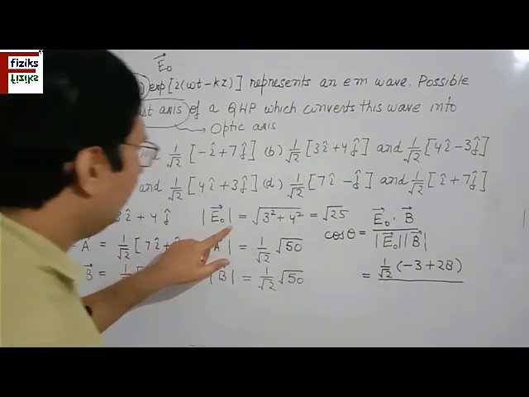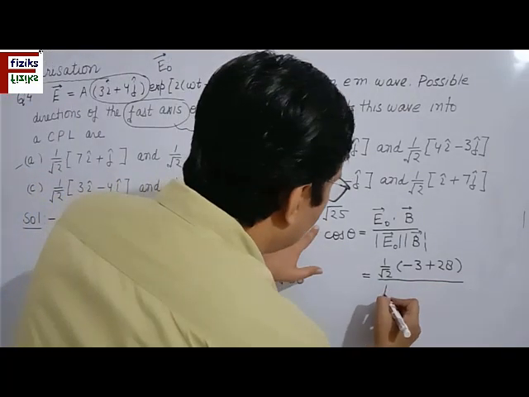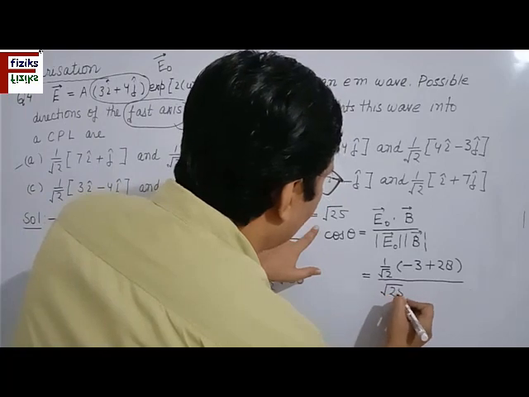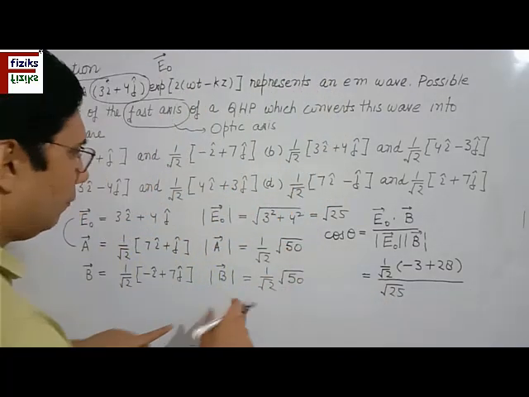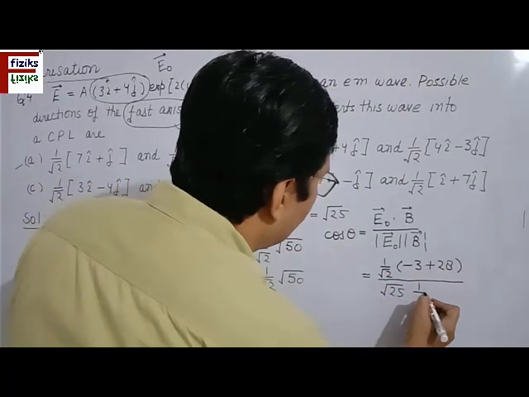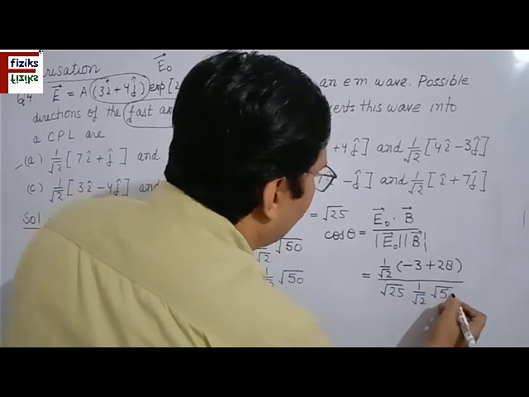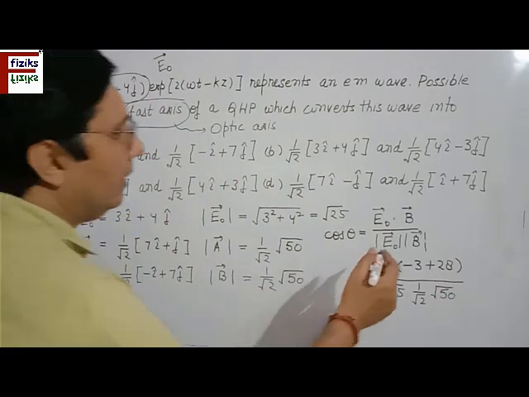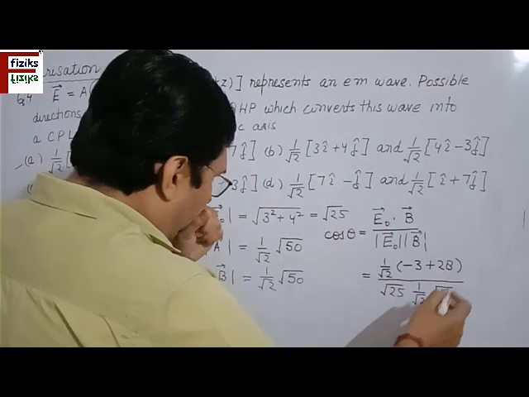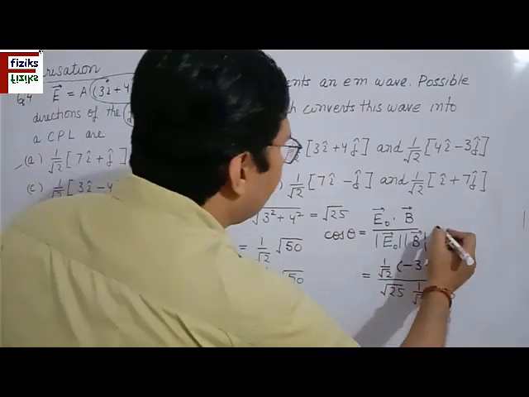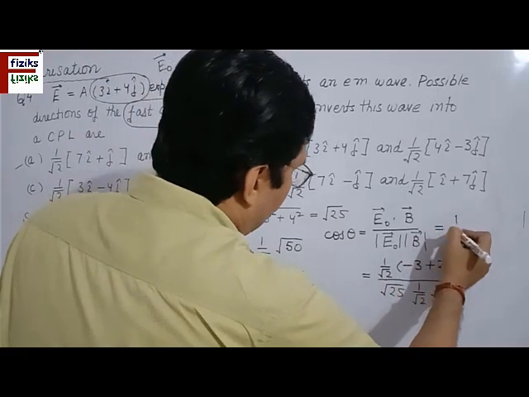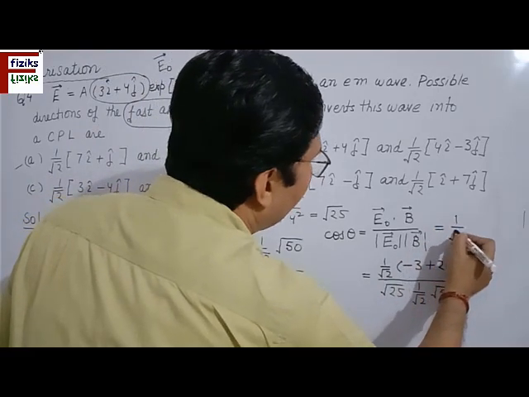And the mod of E naught will be the square root of 25. And the mod of B is again 1 upon root 2 and under root 50. If we solve this, we will find 1 upon root 2.